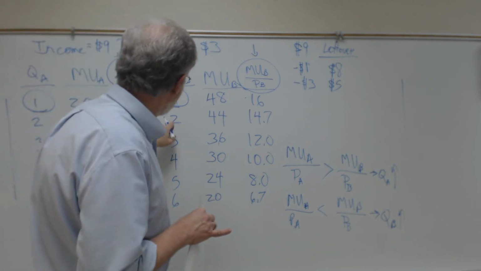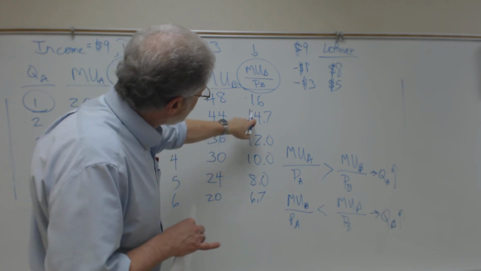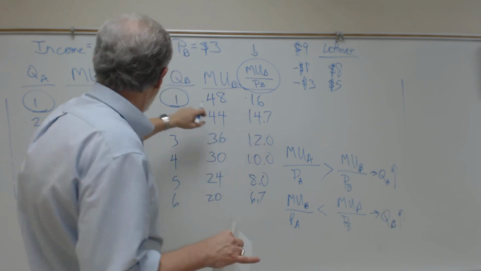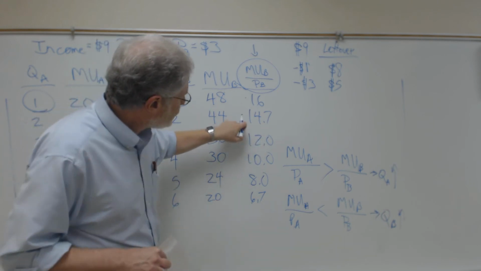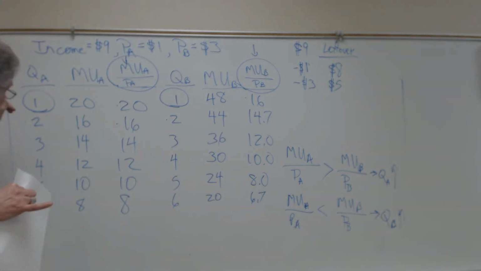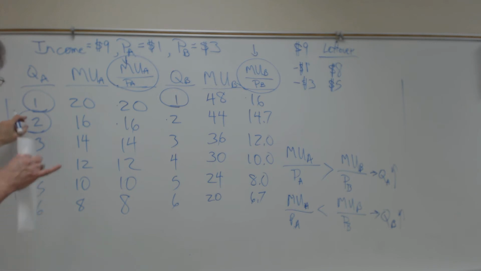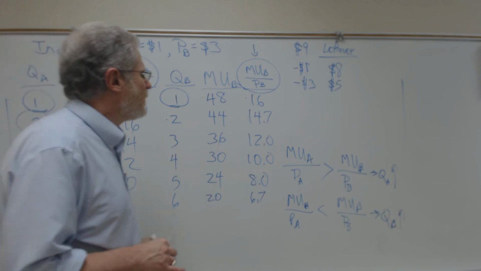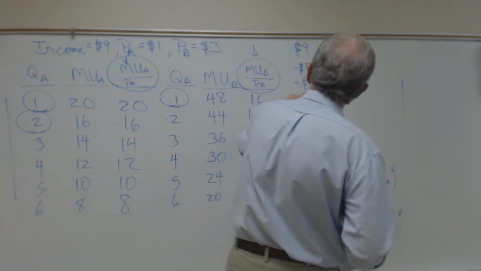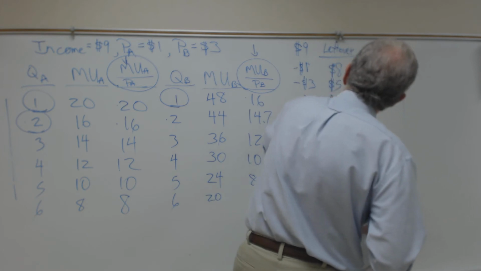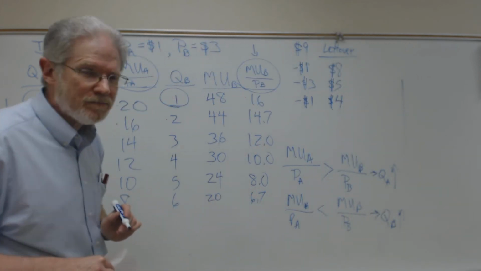If he buys the second banana, it's going to give him only 14.7 units of utility per dollar spent. 16 is greater than 14.7. So the most efficient way to spend that next dollar is to buy the second apple. Okay? And what does that cost him? Apples are $1 a piece. So he's spending now an extra dollar. He now has $4 left over.